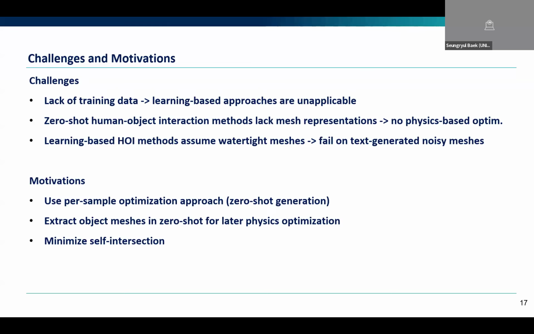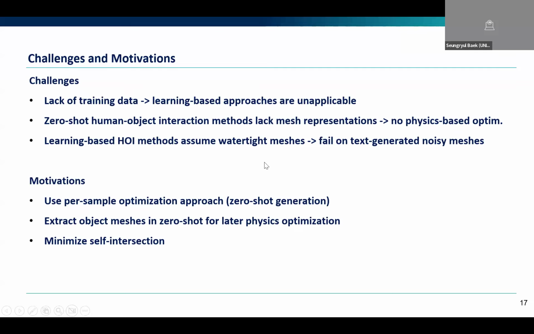Second, even if we apply existing zero-shot 3D generation methods, they don't have mesh representation. Even in the case of general Gaussian generation methods like Gaussian Dreamer, they don't provide a mesh, so you cannot optimize using penetration or contact losses.